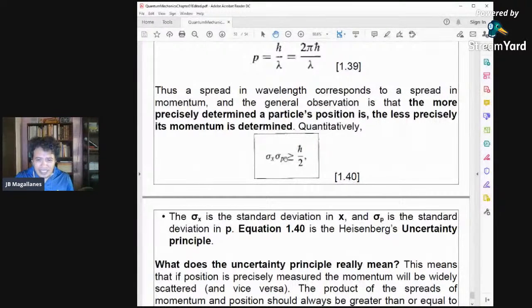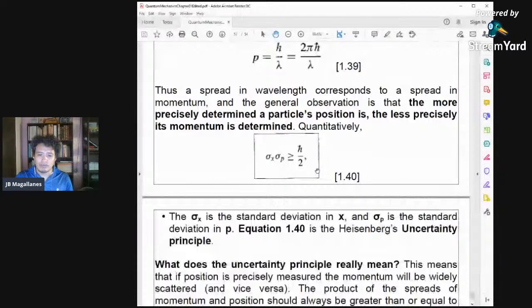Or if you want to get the precise momentum, you have to pay the price of not getting the correct position. This is the spread of x, and this is the spread of the momentum. If you go to a compromise for the spread of x and spread of p, then the product of these spreads should be at least the reduced Planck's constant over 2.